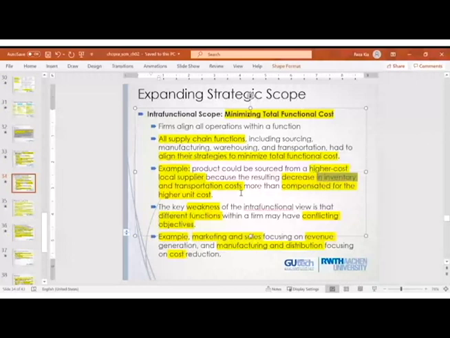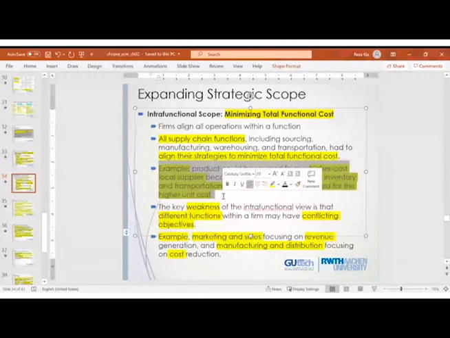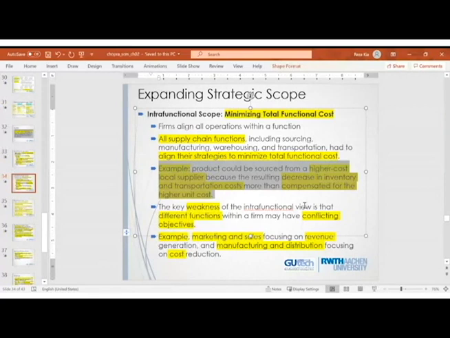We cannot come up with a conclusion unless you do some quantitative calculation. In this example, we cannot make any justified decision. So to justify your decision, you need to make a trade-off between supplier cost, inventory cost, and transportation cost.